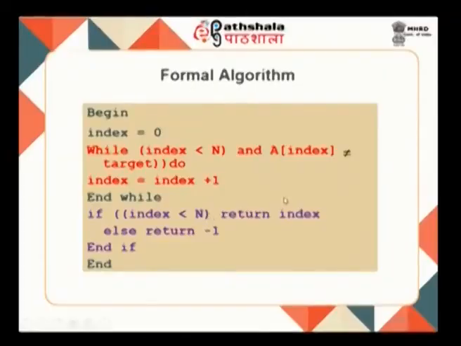If that is the case, I return the index, the position where the target element is present. Otherwise, I return the value minus 1. That is, if the item is not present in the array, then minus 1 will be returned. This is the conceptualization of our initial ideas.